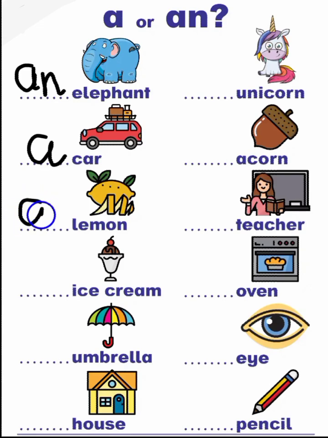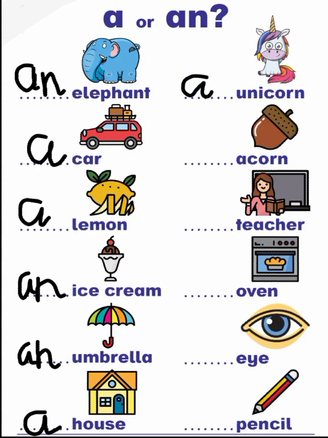Ice cream, an ice cream. Umbrella, an umbrella. A house is a consonant sound. We have a unicorn. The U there is a consonant sound, so we say a unicorn.